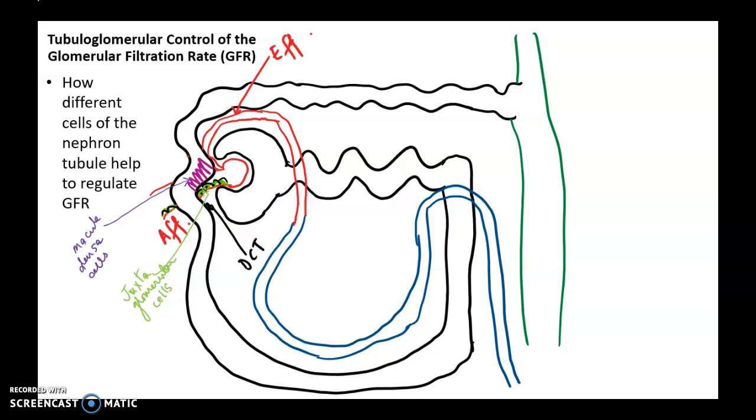Why are these important? Why are we even talking about the macula densa cells and juxtaglomerular cells? Listen carefully. The macula densa cells, they work like magic. So what do they do actually? The macula densa cells can monitor the filtrate.